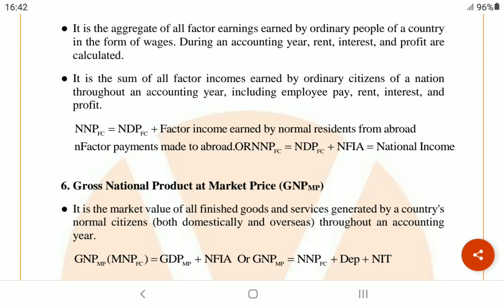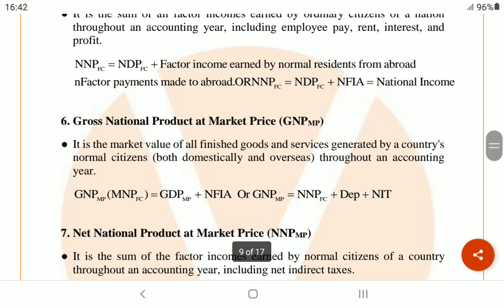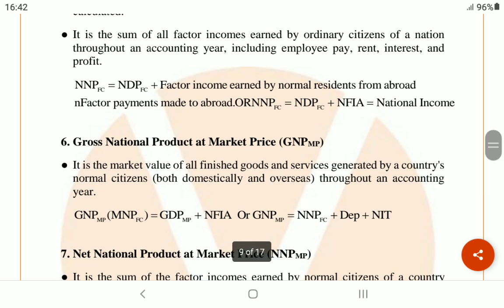Sixth one is gross national product at market price, GNPMP. It is the market value of all finished goods and services generated by a country's normal citizens throughout their accounting year.